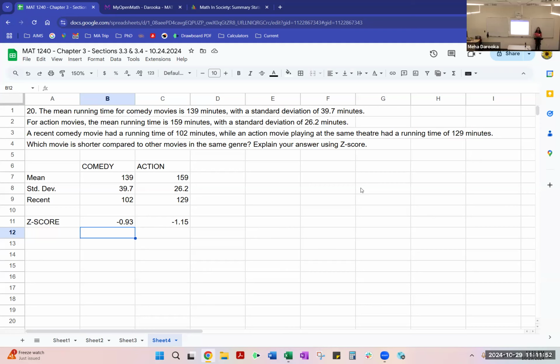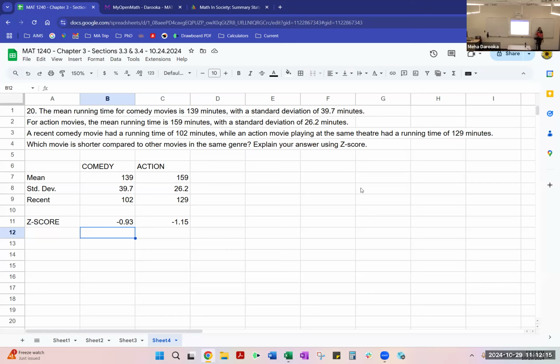So remember, the larger the standard deviation, the farther away from the mean you are. The smaller the standard deviation or z-score, same logic, the closer to the mean you are. Very good, yes, because that has the larger z-score.